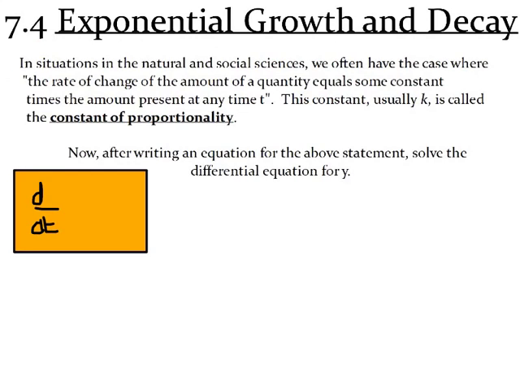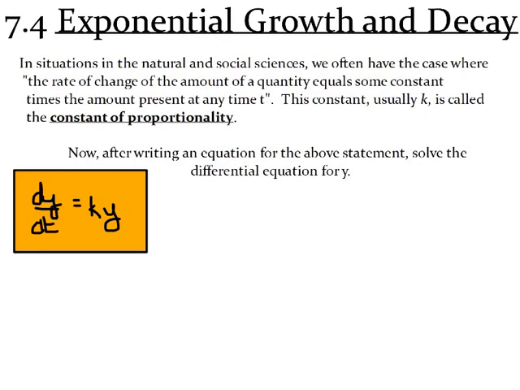The original equation was going to be y equals something, so y is your amount. So the rate of change of y with respect to time is dy/dt. And then it's proportional to something. And again, if you see right here, it says this constant is usually going to be k, lowercase k. That's called your constant of proportionality. So I'm going to write k, that's proportional to the amount present.